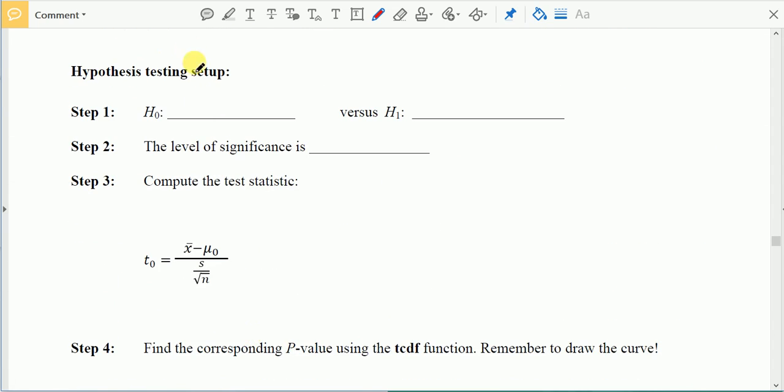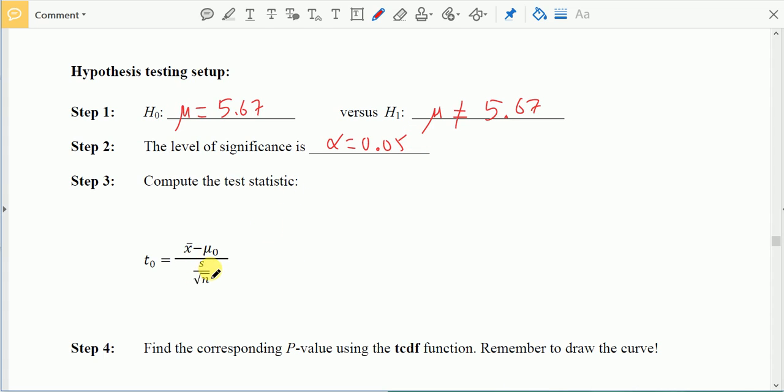Now the null hypothesis is 5.67 grams, the one that they gave us originally, and then we claim that the new quarter is different from the null hypothesis. The level of significance again is 0.05. Now you have to compute the test statistic, which has the same formula again.